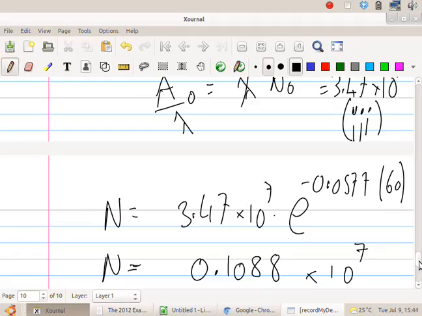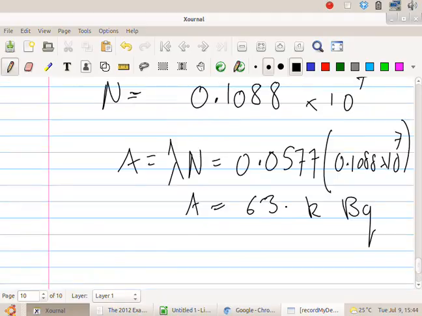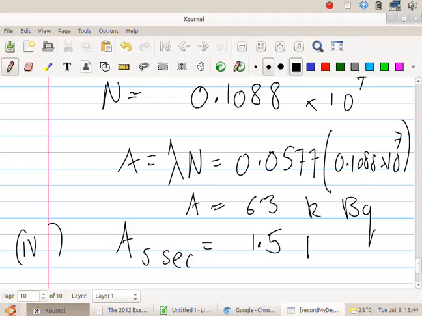This is the N. And then to get the A, just multiply by this lambda now, please. 1.5 times 10 to the 6, so 1.5 mega BQ.